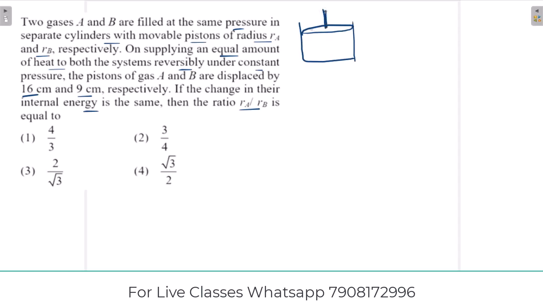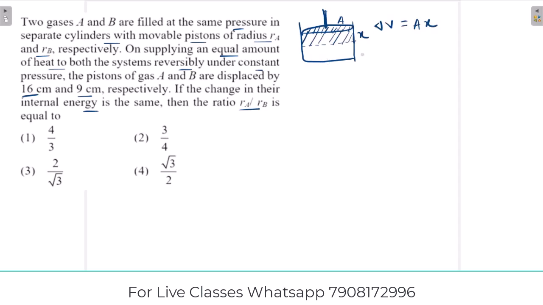Now, if A is the area of this piston and due to applying pressure it comes a distance x in this direction, so the change in volume will be A into x. So, the change in volume of the gas will be A into x.